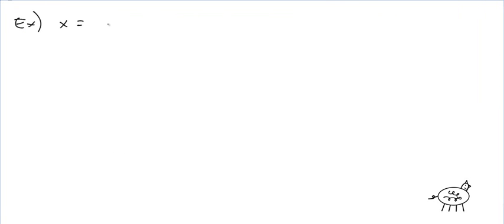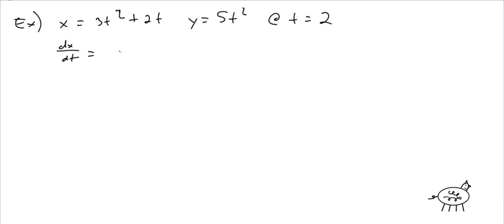Same directions, x equals 3t squared plus 2t, and y equals 5t squared, and it's at t equals 2. Okay, so dx/dt equals 6t plus 2, and dy/dt equals 10t.